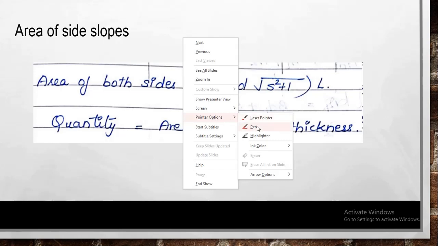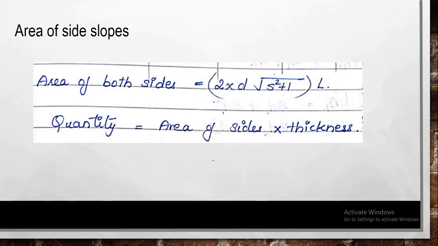So there some side slopes were given, right? In the case of a similar section, this will be the side portion, and if somebody wants to calculate the quantity of materials used in these side slopes, we can use this formula.